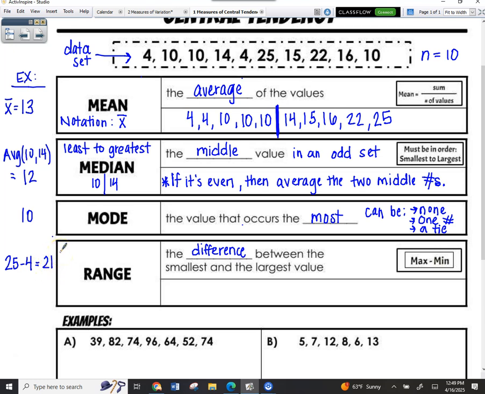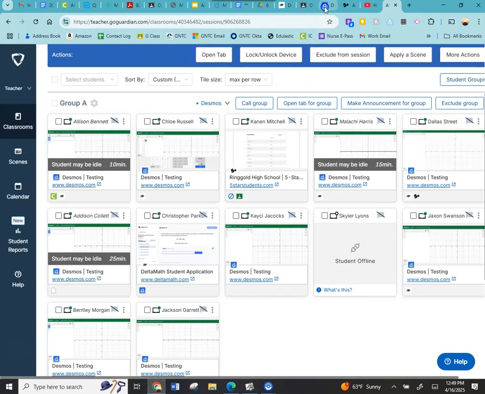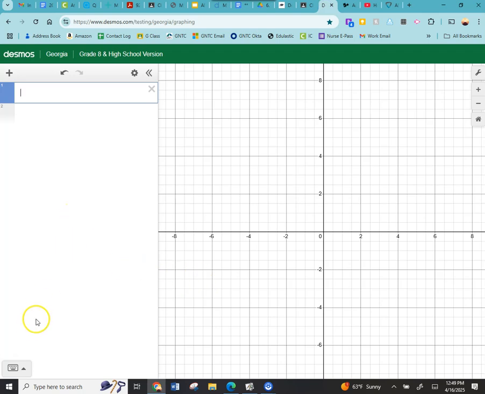Now watch this. I'm going to show you a trick. Please go to Desmos. Push the plus sign to tell it to give you a table, and let's type those values in.